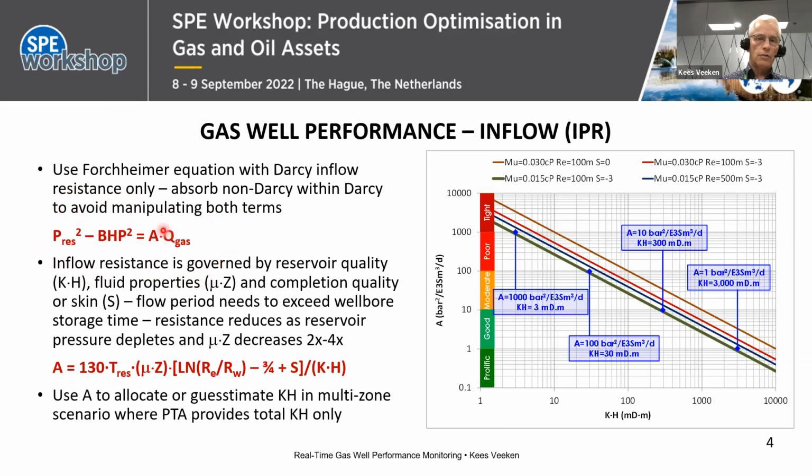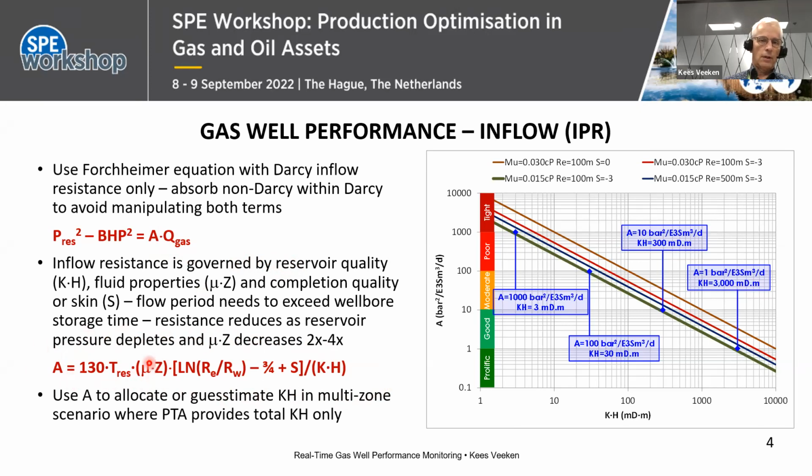Having just a single inflow resistance term, inflow performance parameter, may sound a little bit simplistic, but it's actually pretty convenient. If we address this inflow resistance specifically, the Darcy one, it's dictated by a number of parameters, and you see the equation down here.